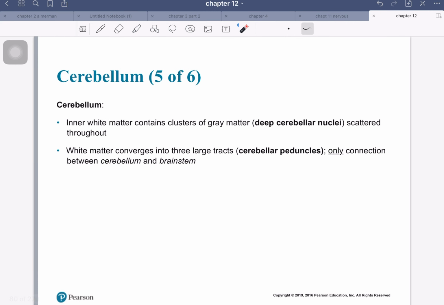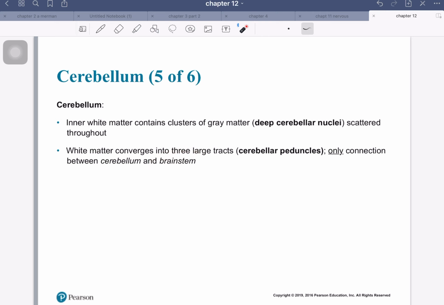When I look inside the cerebellum, the inner white matter contains a group of nuclei, the deep cerebellar nuclei, scattered throughout it. The white matter basically forms three large tracts, which we call the cerebellar peduncles. These are the connections between the cerebellum and the brainstem.